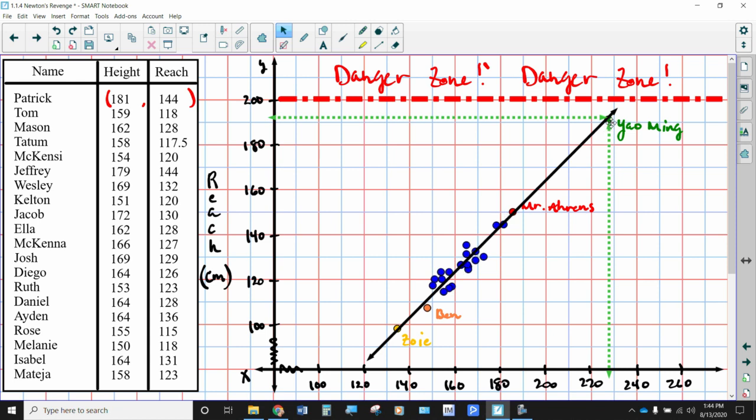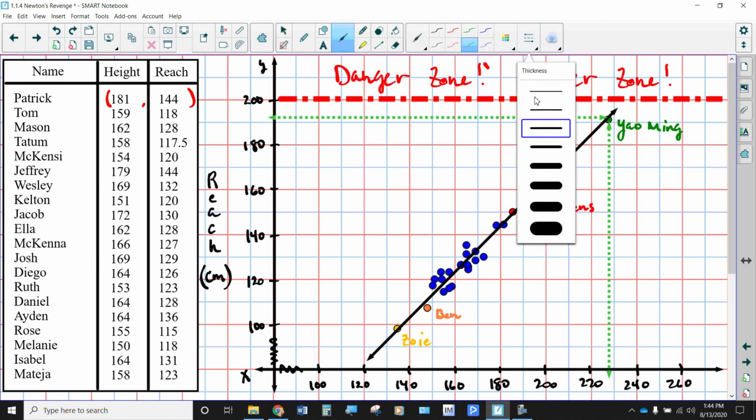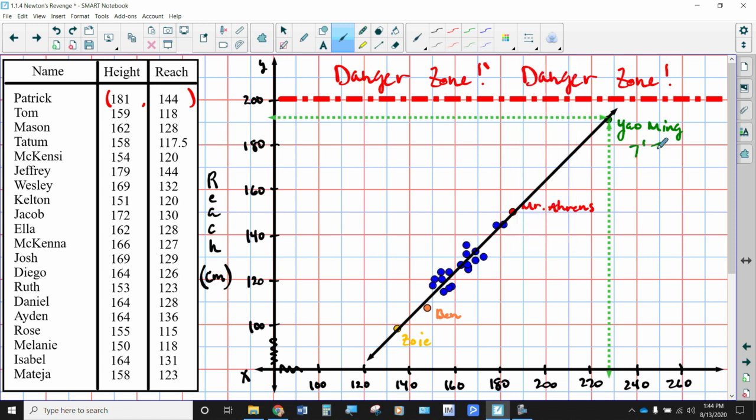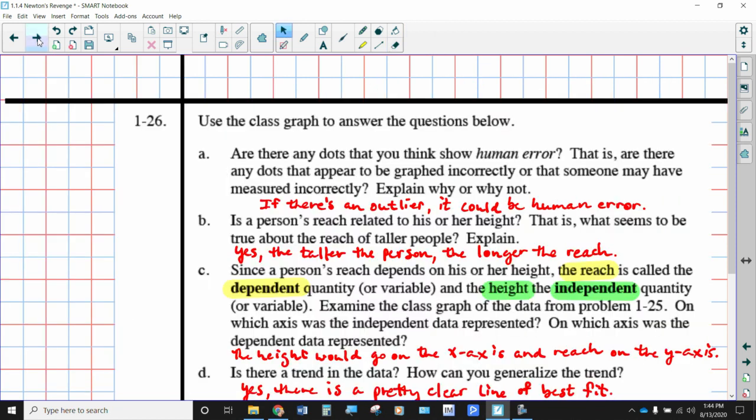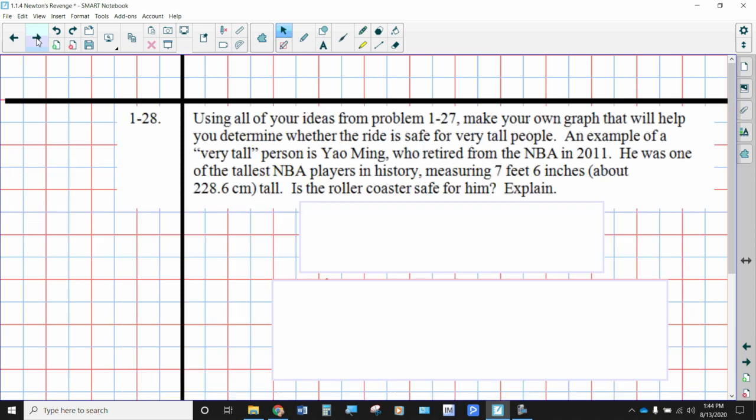So what do you think? Yao Ming's pretty safe, right? And if Yao Ming, who is 7 feet 6 inches tall, could most likely ride on this roller coaster without hitting that tunnel ceiling, then chances are most people who ride the roller coaster are going to be safe.